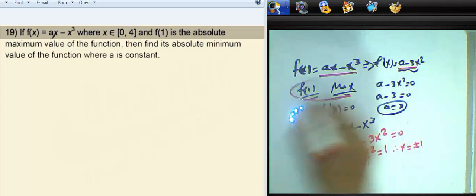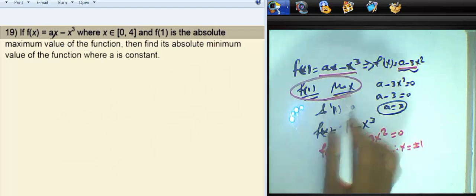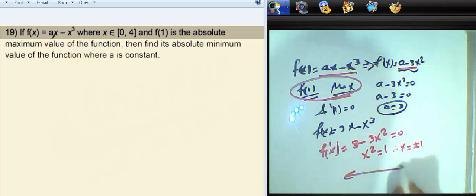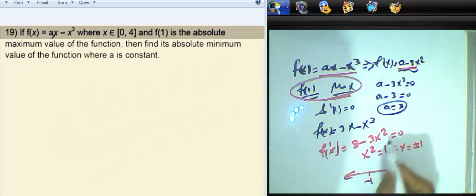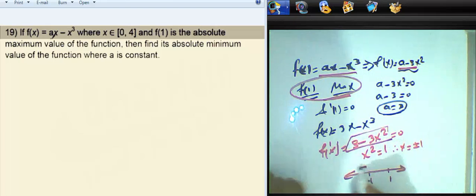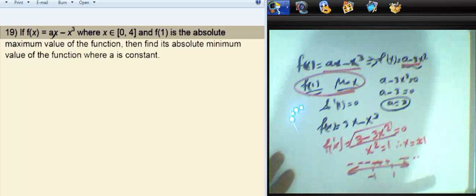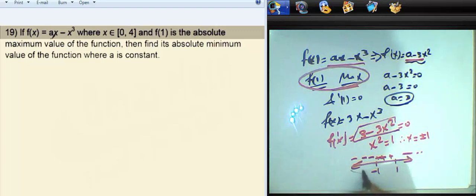Okay, he tells us f of 1 is the max. So maximum at 1, here negative 1 and 1, and write the sign of the derivative here, negative, and here negative, and it was positive. So it will be decreasing here, increasing here and decreasing.